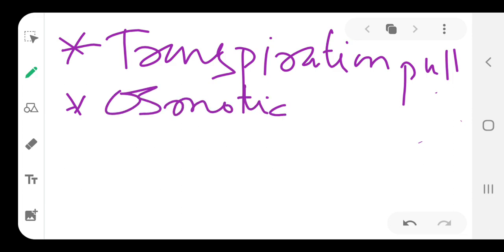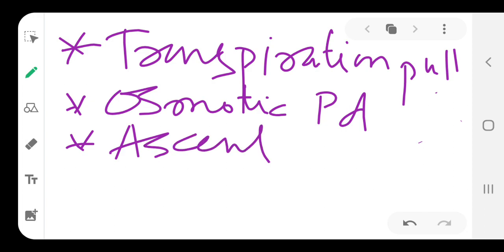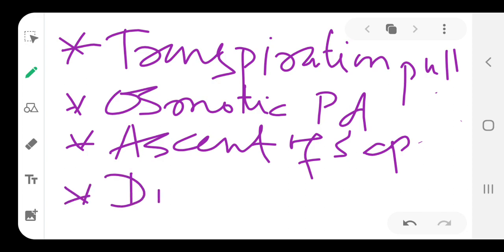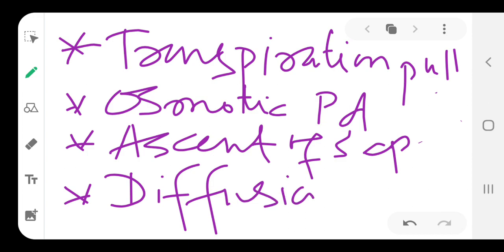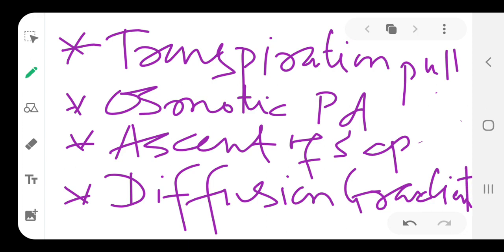Number three is ascent of sap. Number four is diffusion gradient. These are some new terms you should be familiar with. If not, then write them in a proper way.